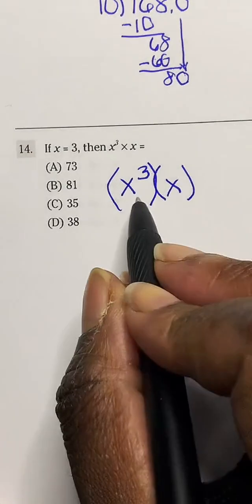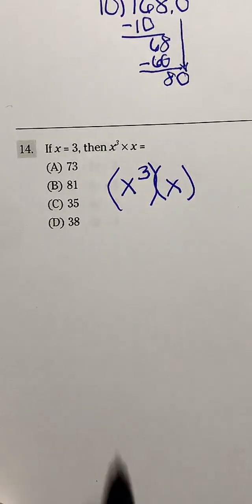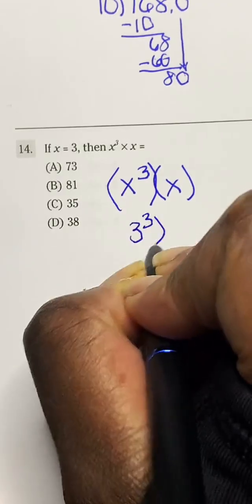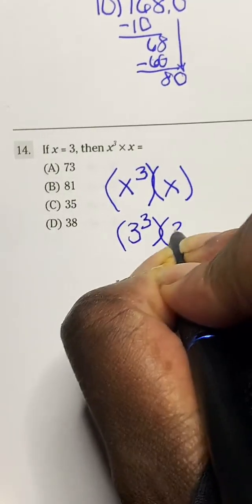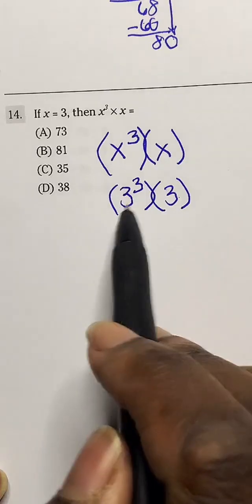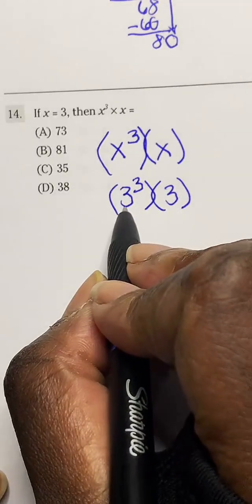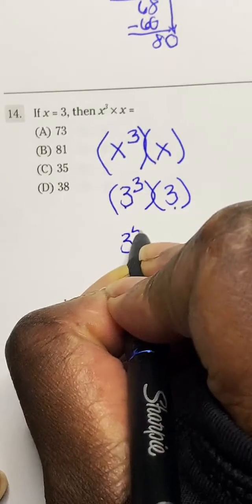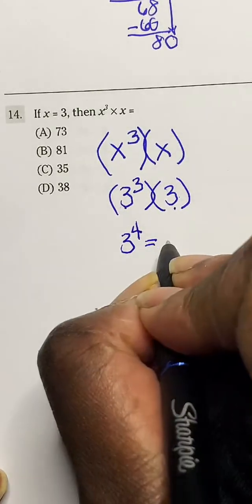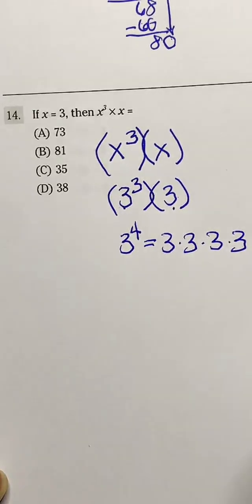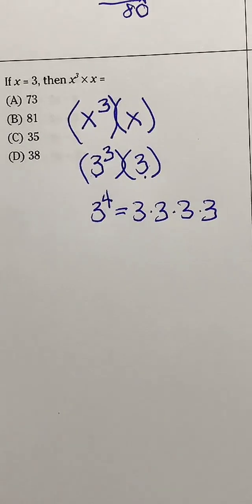Now, replacing the x with the 3, this is 3 cubed times 3. So we can think of it this way. Since they both have the same base, there's 3 3s over here and there's 1 3 right there. So it's really 3 to the 4th power. And 3 to the 4th power is the same as saying 3 times 3 times 3 times 3. Okay, that's the extended form.